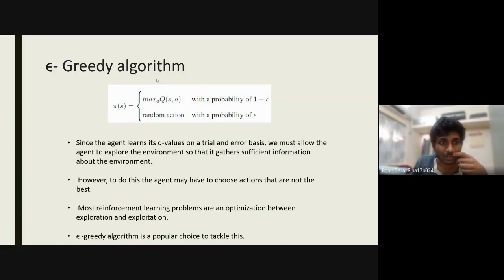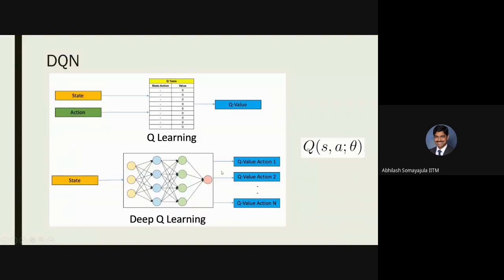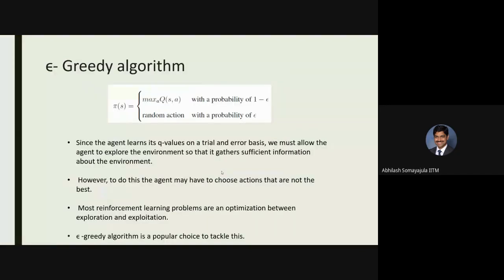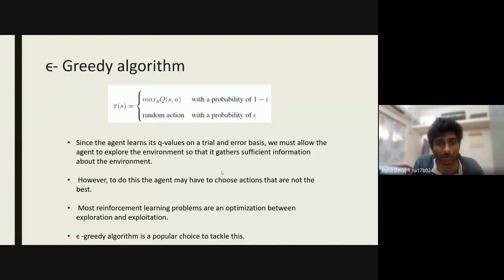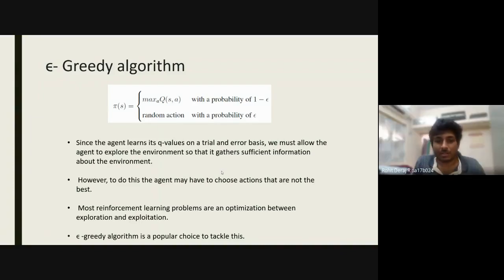Any doubt in this epsilon greedy? Why do you need epsilon greedy algorithms? What is its primary use? To make the agent explore. Should this epsilon value be constant throughout your training exercises, or should it change? Yes, sir, I'll explain that.